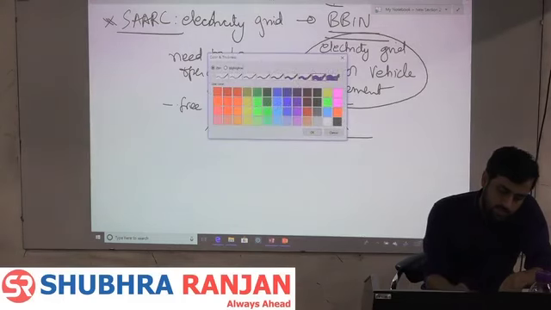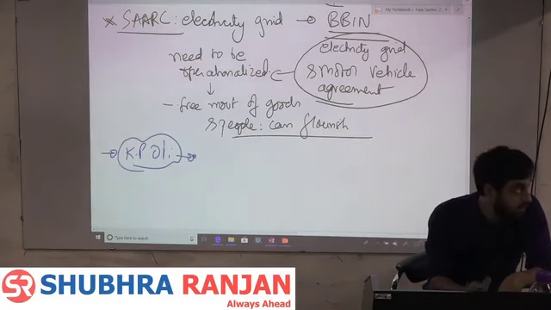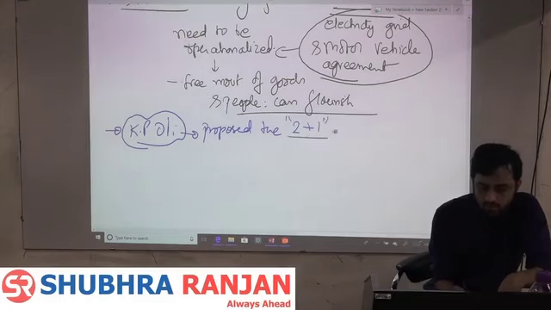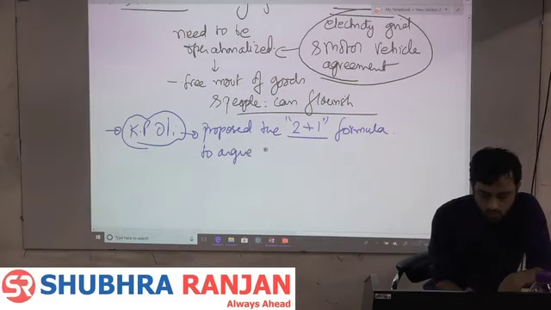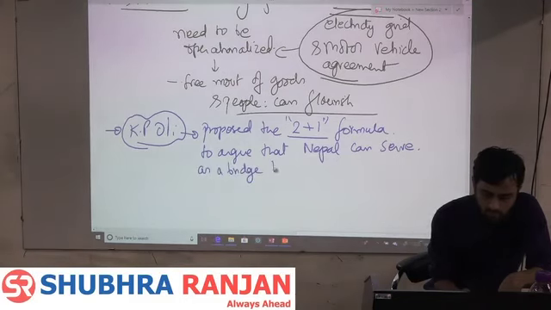The last major point is about what? KP Oli proposed the 2+1 formula to argue that Nepal can serve as a bridge between India and China. Just a sec.